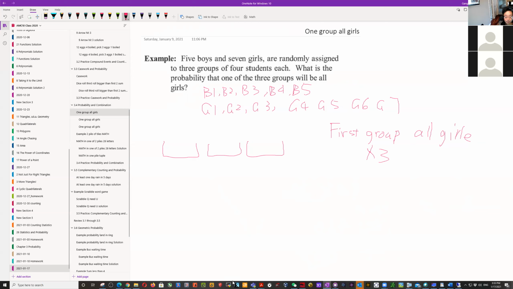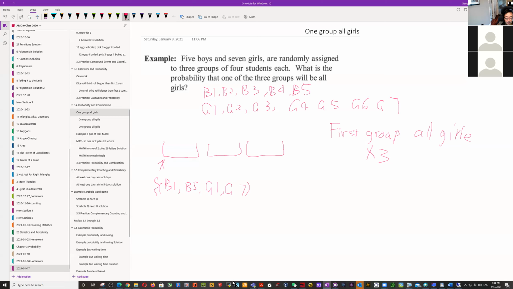So what we are doing is, if we only concern ourselves with the first group, the data shape is going to be a quadruple. So it's going to be a set containing 4 letters, for example, B1, B5, girl 1, and girl 7.